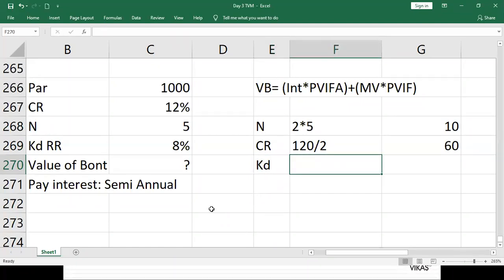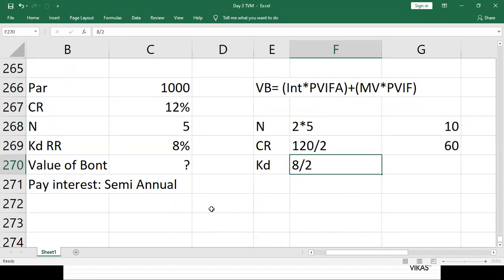So what's the cost of debt? For this calculation we have to take... No, Sasika says no, not 8%. 8% is for a year. So 8% divided by number of times.